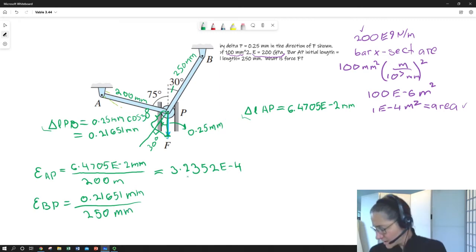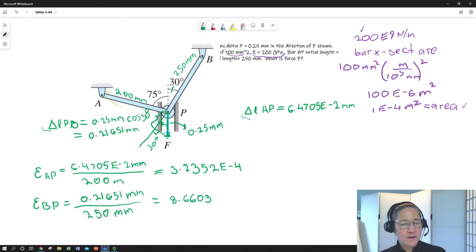So definition of average axial strain, and that gives us a strain BP of 8.6603 times 10 to the minus 4. And we can see the two are similar order of magnitude, so that's kind of what we would expect.